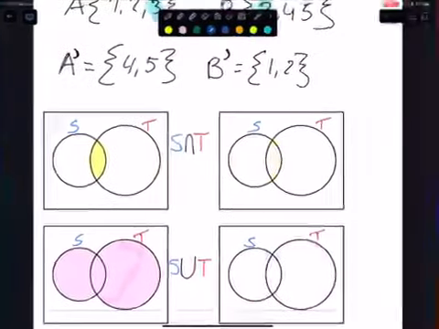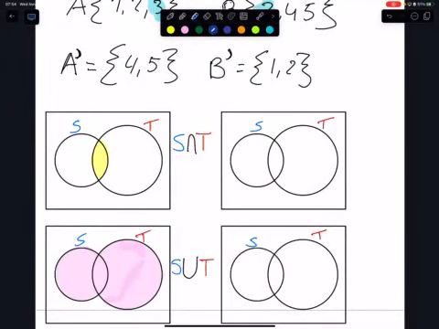E, T apostrophe. So what does that mean?